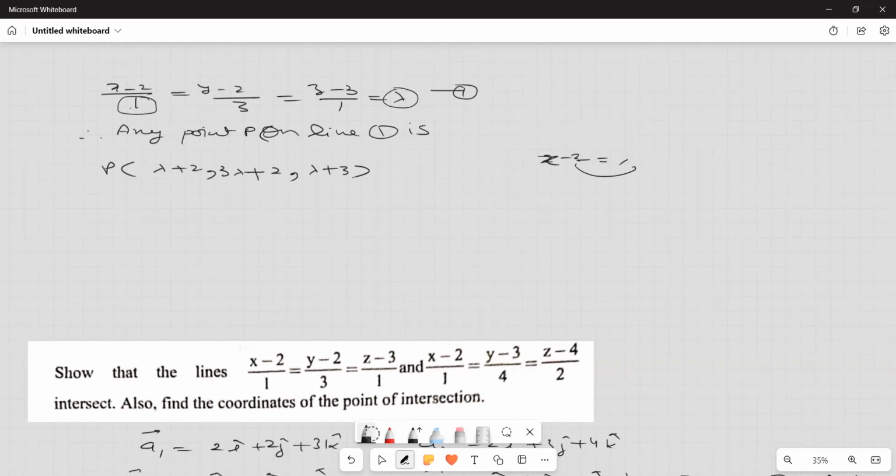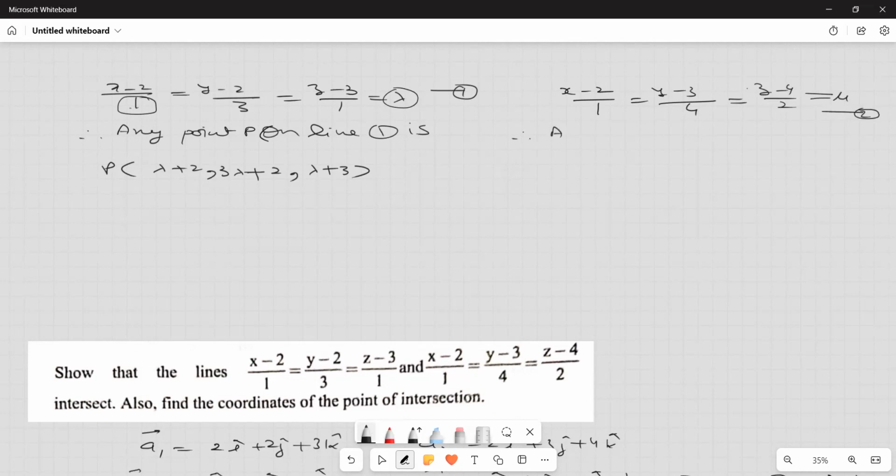Now take line 2. Line 2 is x minus 2 by 1, y minus 3 by 4, z minus 4 by 2. This is taken as mu. This is your second line.